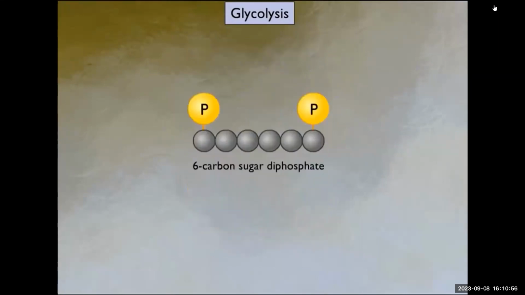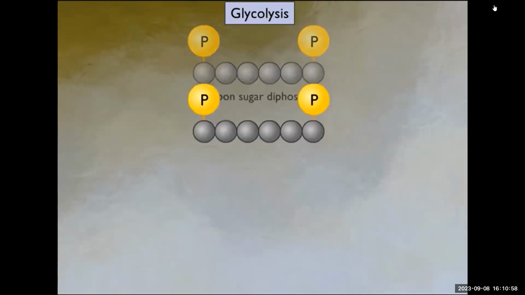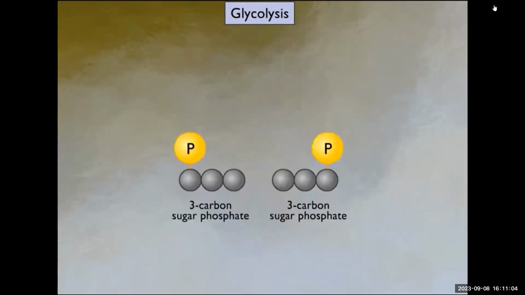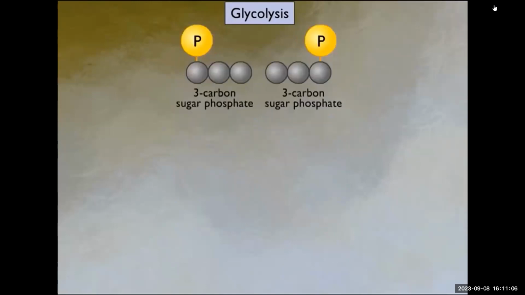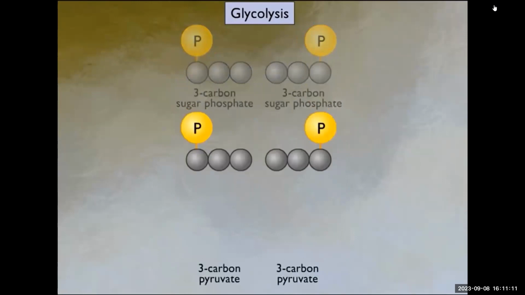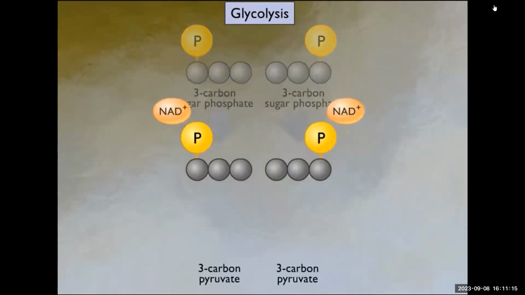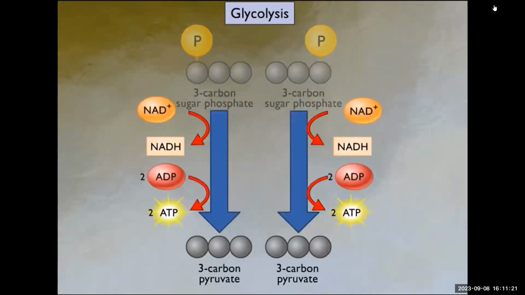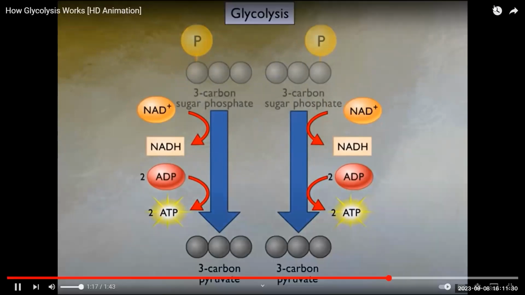This 6-carbon sugar diphosphate molecule is then split into two 3-carbon molecules. Each of the 3-carbon molecules is converted through a series of steps to pyruvate. During these reactions, electrons are transferred to the coenzyme NAD+ to form NADH, and ATP is formed. Under aerobic conditions, the pyruvate is further oxidized to yield more ATP, and under anaerobic conditions, the pyruvate is converted into lactic acid.